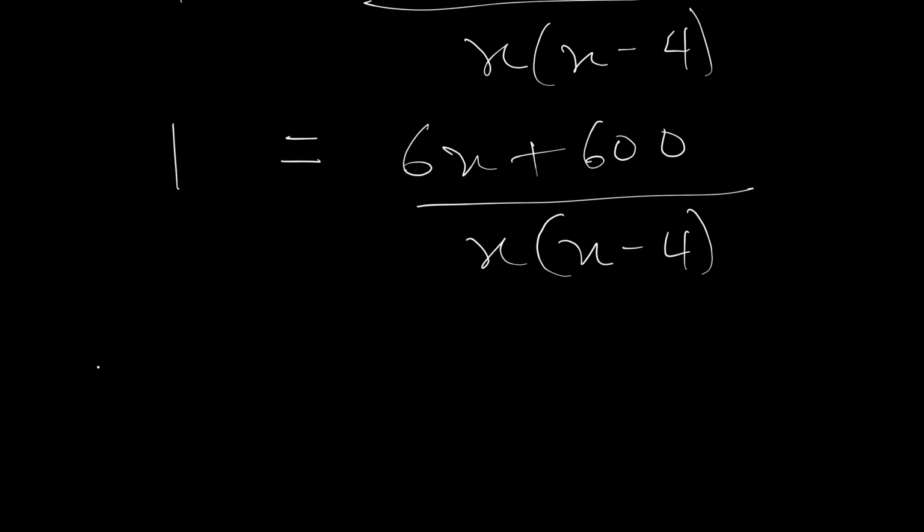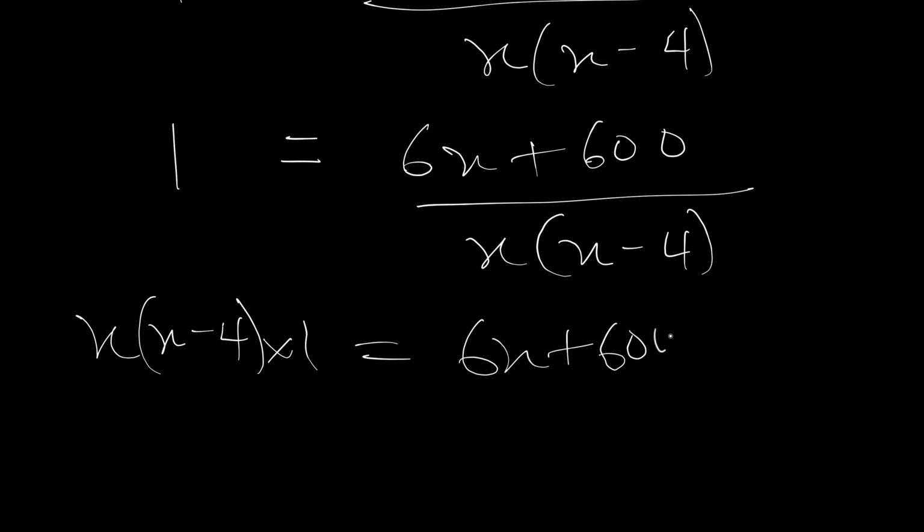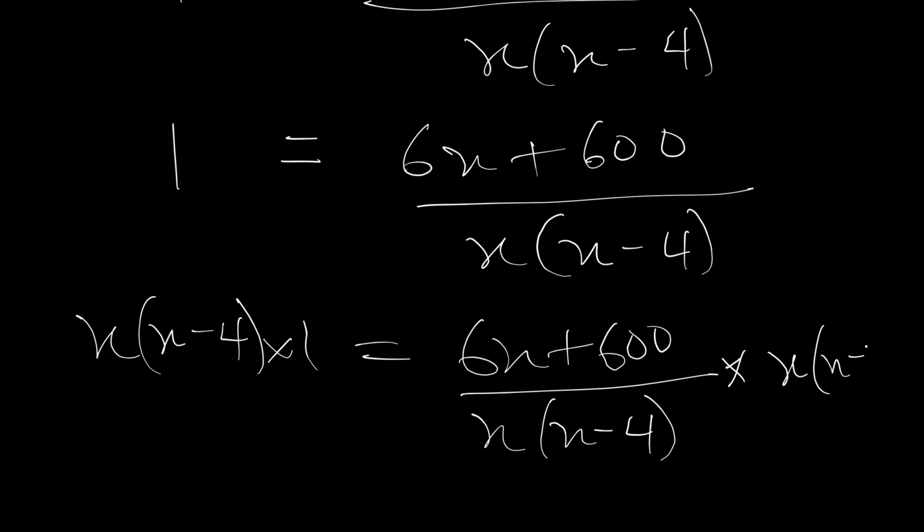Now to get rid of the fraction, we'll multiply through by x multiplying x minus 4. So we have x multiplying x minus 4 times 1 is equal to 6x plus 600 all divided by x multiplying x minus 4, times x multiplying x minus 4. Now this cancels this.